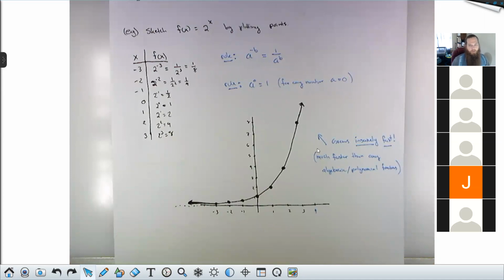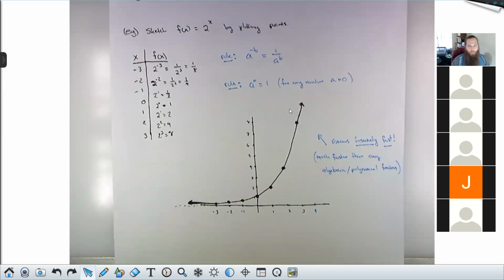Exponential functions have a higher rate of change, meaning they grow faster than any other class of algebraic functions, meaning functions you can form out of square roots, polynomials, rational functions, stuff like that. They grow very, very fast. Even if you think of how quickly 1 over x blows up as you get close to 0 from the right, the rate of change here will eventually exceed any of those per unit step.